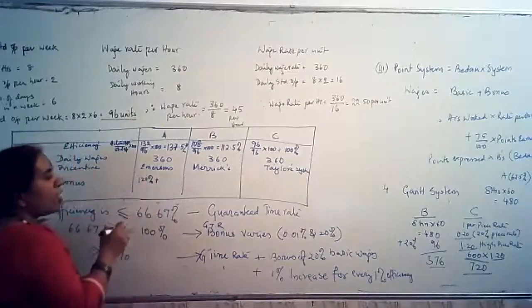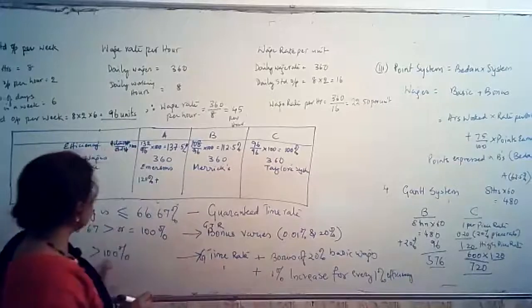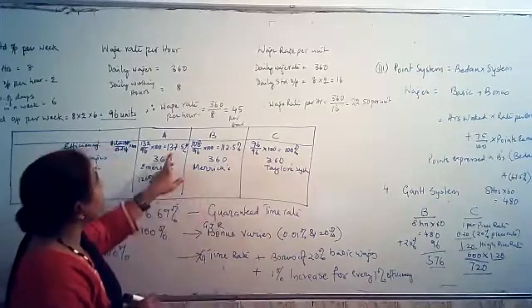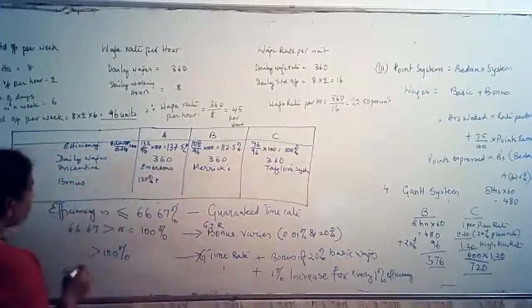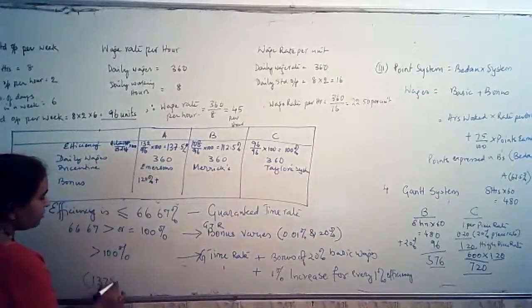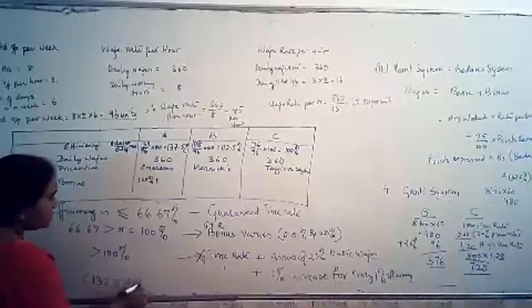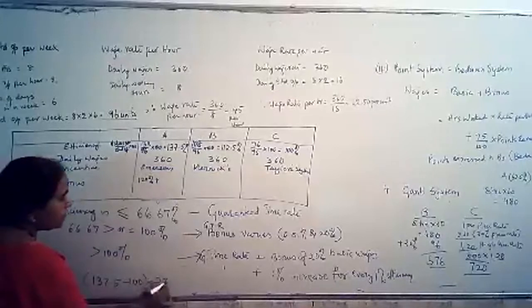Plus, how much is the extra percentage of increase? How much more than 100% has he done? If you see here, more than 100%, how much is it? It is 137.5, right? So 137.5 minus 100 gives you 37.5.